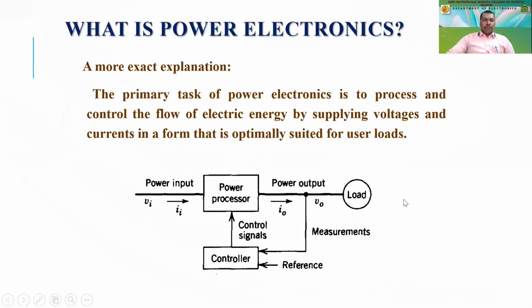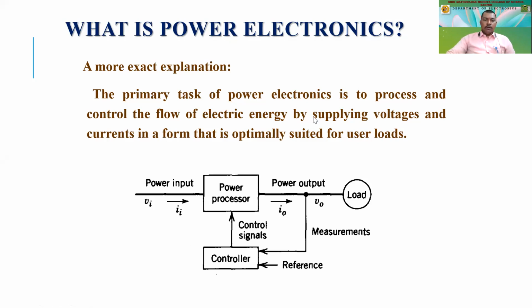Then we have the more exact definition of power electronics. The primary task of power electronics is to process and control the flow of electric energy by supplying voltages and currents in a form that is optimally suited for the user load. Whatever we connect at the end of the circuit, or whatever circuit we are expecting to drive, is called the load, right?